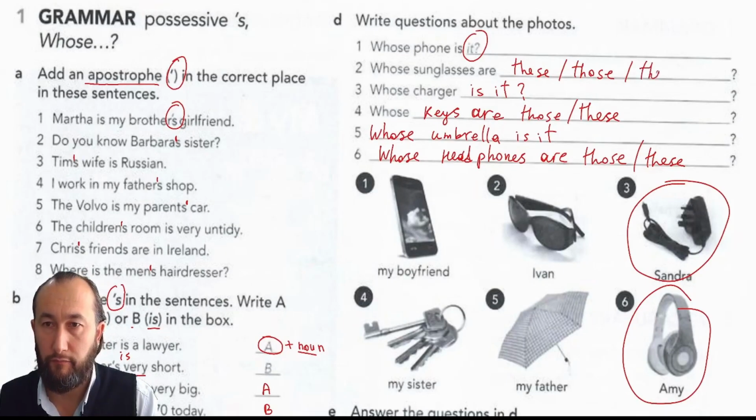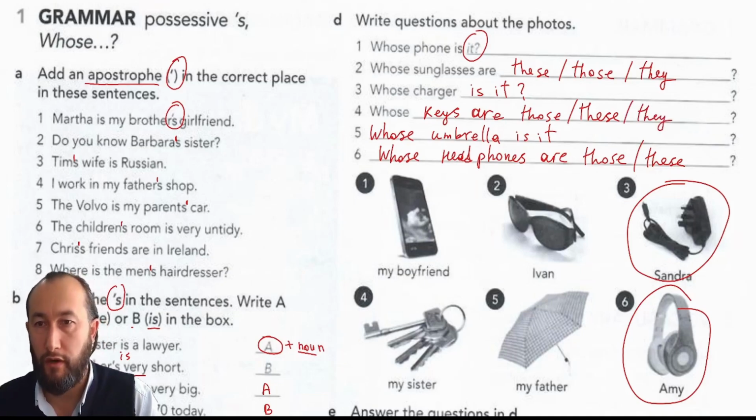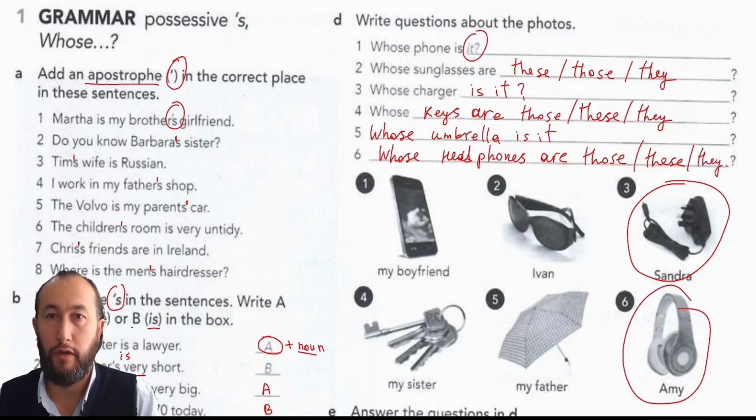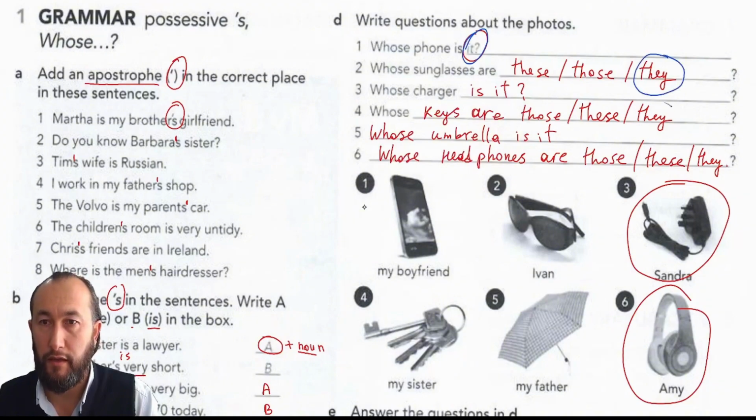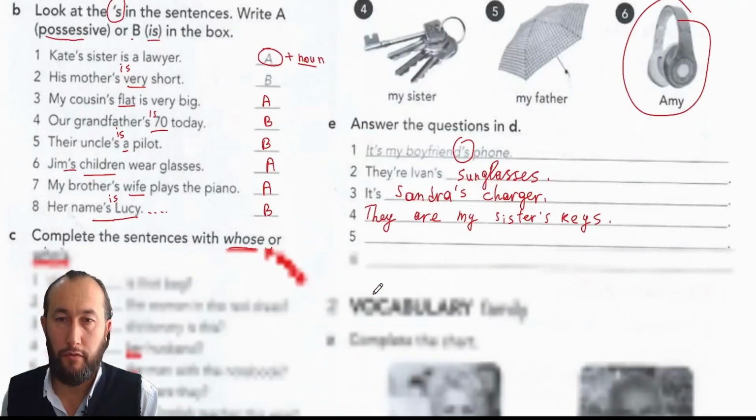That's also fine. And then whose keys are they? That is also good. Whose umbrella is it? And whose headphones are they? That also good, guys. I believe because we are focusing on it, singular, so it's better to say they, actually. But as I said, those and these are also perfectly fine.